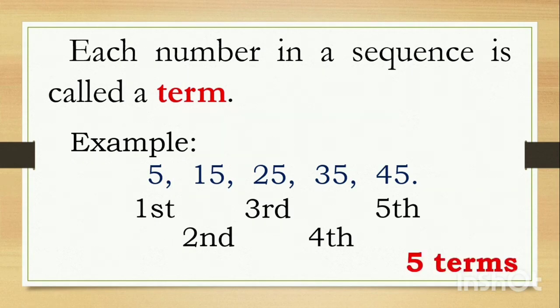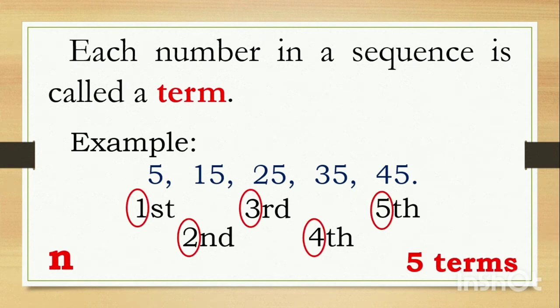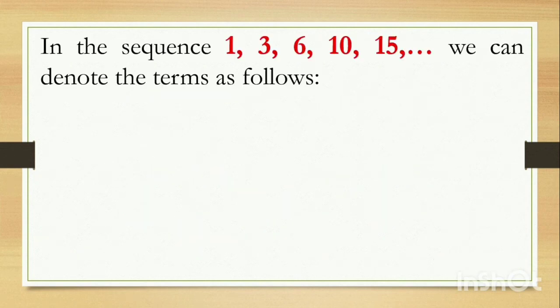Now, remember that your n is represented by the order. Yung n natin, yan ay order nung terms natin. Hindi yan yung mismong number na ang ilalagay natin ay yung 5, 15, 25, 35, and 45. Hindi yon. It's the order. It's 1, 2, 3, 4, 5.